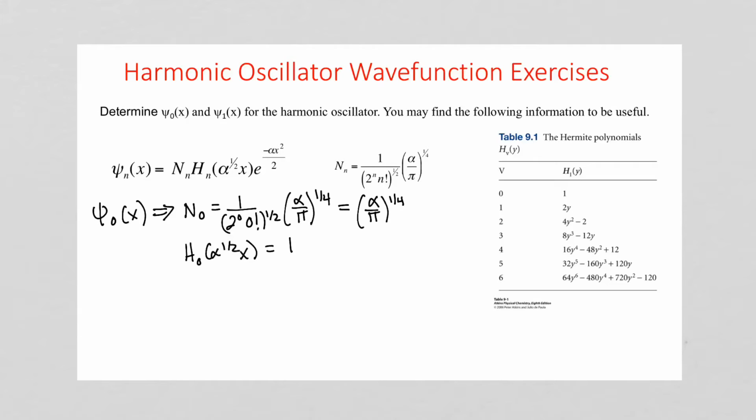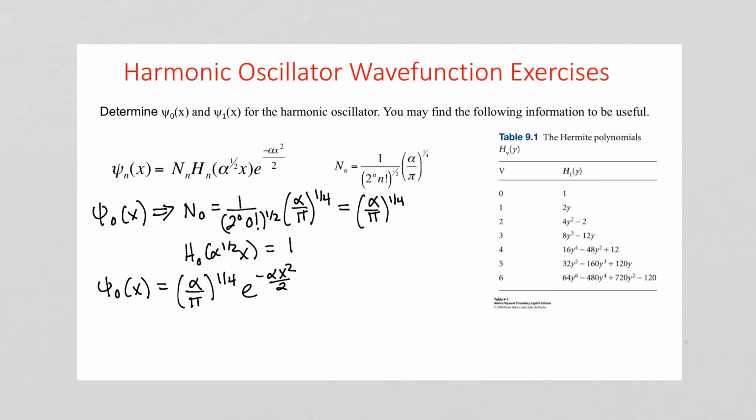And then we're just going to put everything together. Okay, so psi 0 of x equals normalization constant, alpha over pi to the 1/4, times our Hermite polynomial, that's 1. And then we have our Gaussian function at the end.